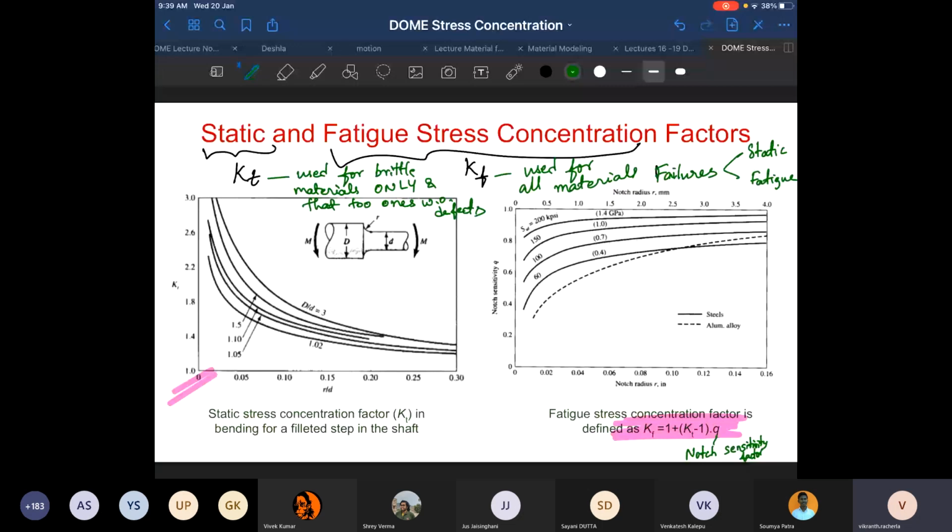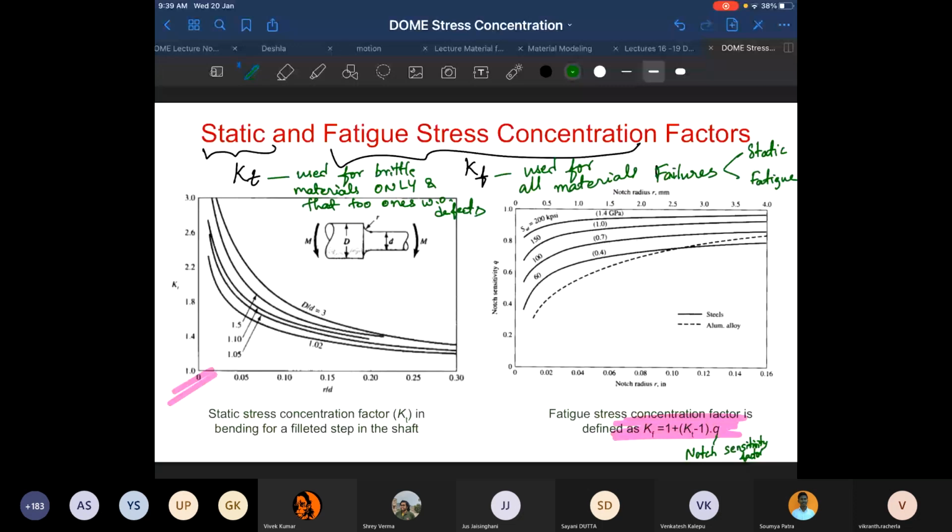An example is a shaft. Now, these features will cause a local increase in the magnitude of stress. The stresses will be higher than what you compute using the theoretical formulas, which are valid for constant sectioned shafts.